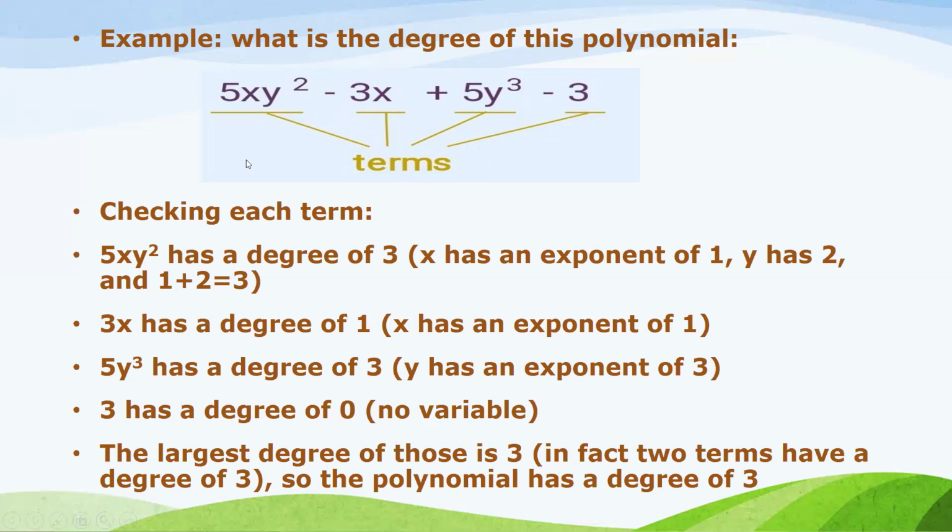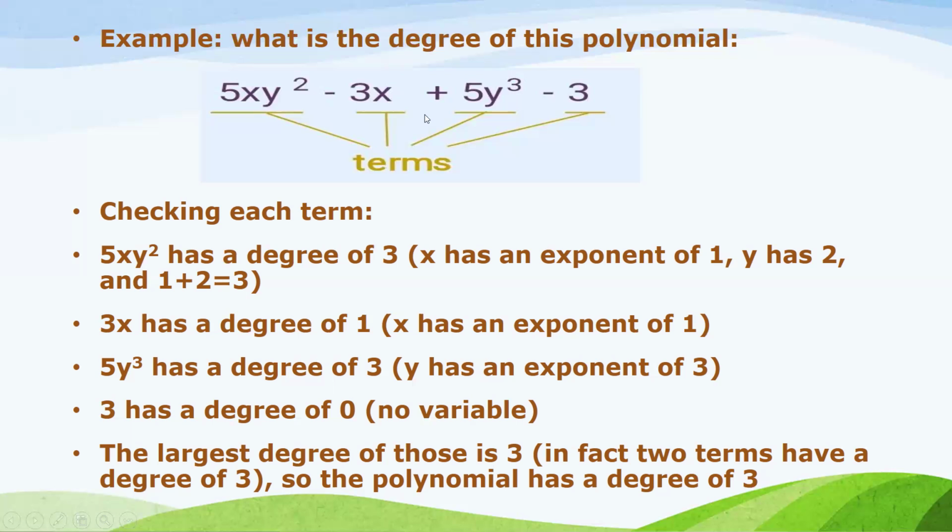The first term has power 1 plus 2, 3. The second term has power 1. The third term has power 3. And the last term has power 0. That means the highest degree of this polynomial is 3.